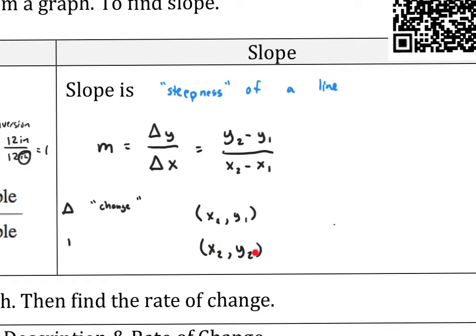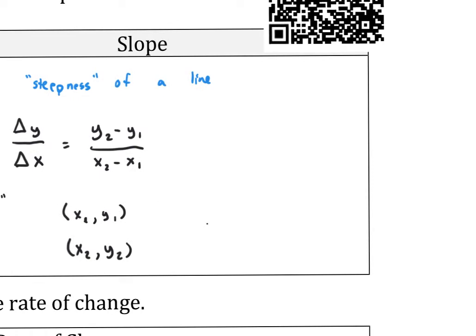The 1 just means your first point, and this is your second point. So how much does the change in y occur, and what's the change in x? Let me show you again what that means. Another way of writing this is how much does the line rise compared to how much does it run.